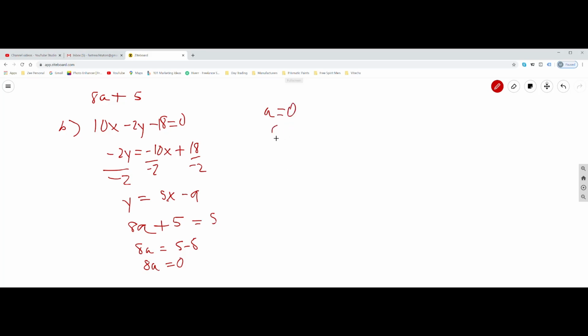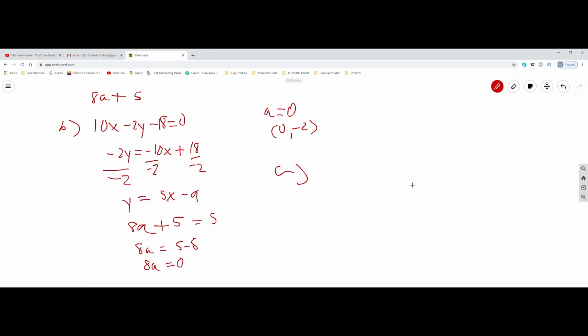And so it's 0 and negative 2 are the first points. So now let's do the next question, which is C.